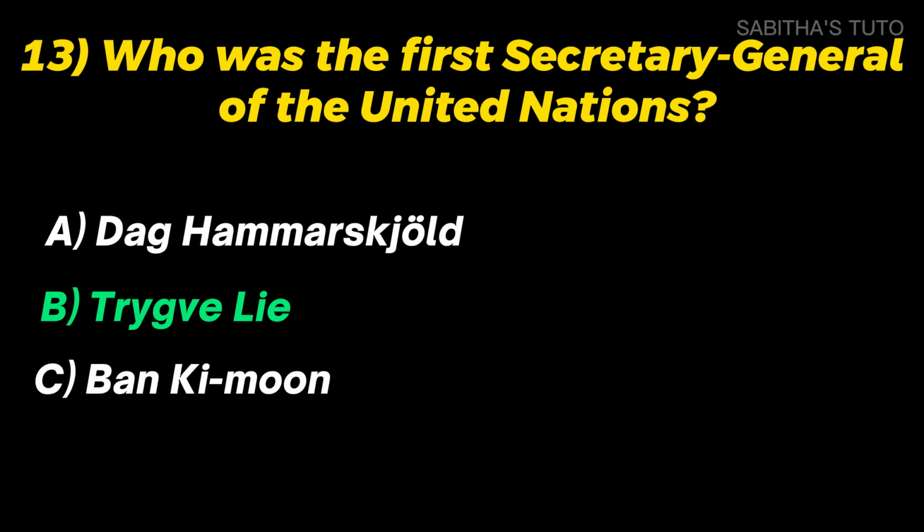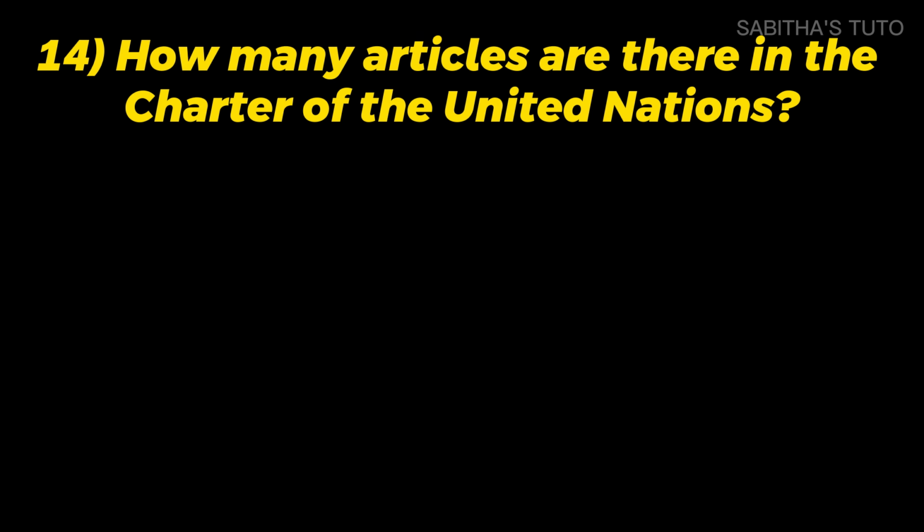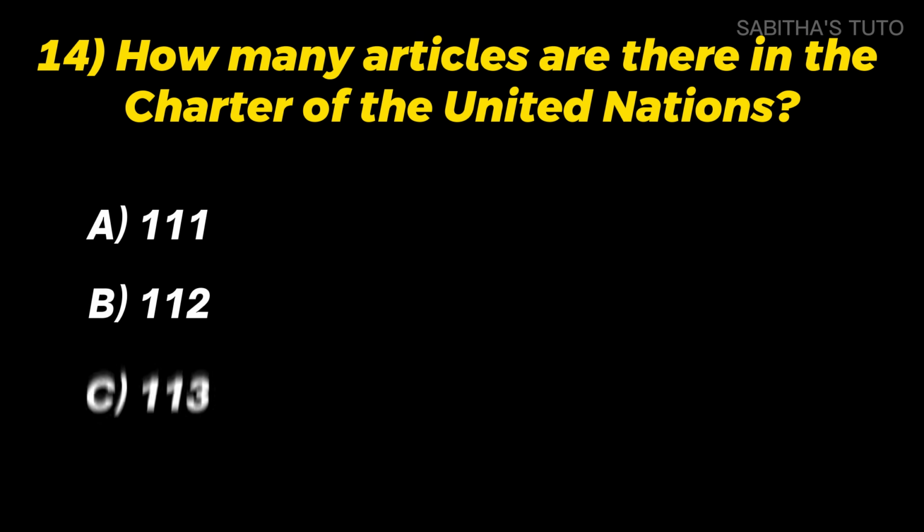How many articles are there in the Charter of the United Nations? 111.